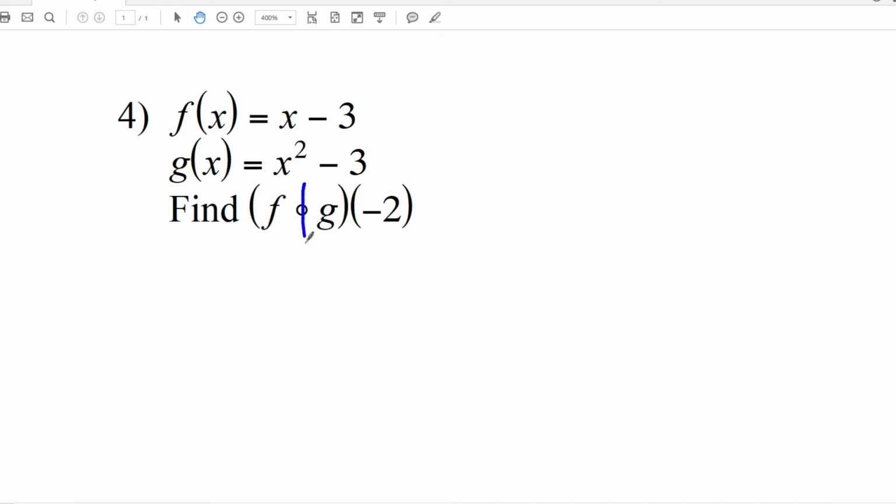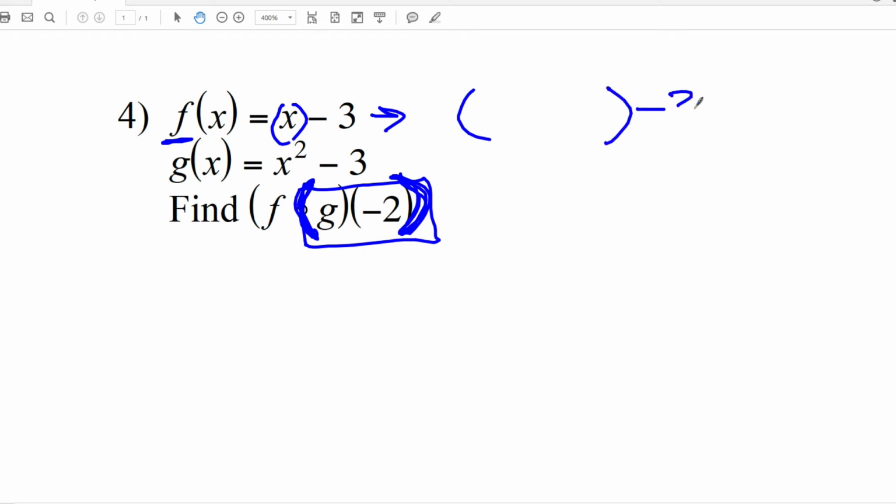Okay, so now we have f of g of negative 2. Inside the f function, that's my parentheses. So I have the f function right here, and I'm going to rewrite it with parentheses, parentheses minus 3. What goes inside the parentheses? G of negative 2.